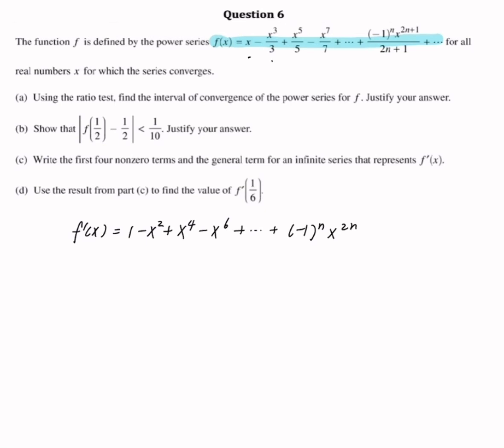So we put them into the equation to find out that f prime of x equals 1, which is the first term, over 1 minus the common ratio, and we get 1/(1 + x^2). Then we substitute 1/6, and then we get 36/37, and this is our result for question D.